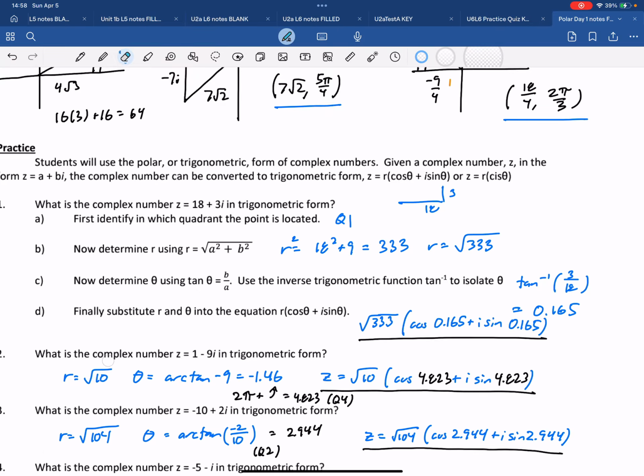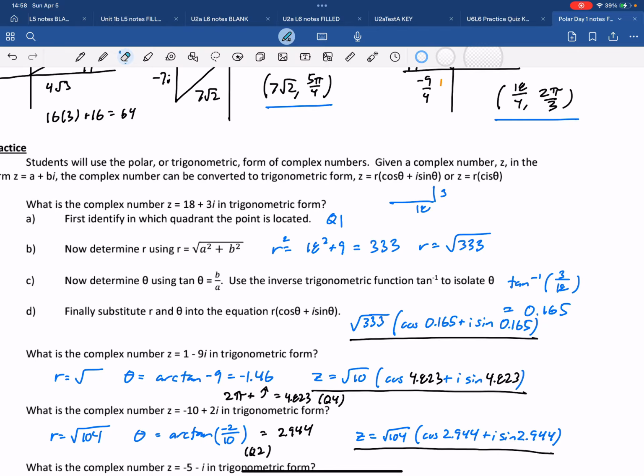I don't know why I had 10 there. Sorry, I forgot to square the 9. So let's change that: that's root 82. The theta is still okay, we still want the arctan of negative 9 over 1. But yeah, this needs to be root 82. Sorry for that.